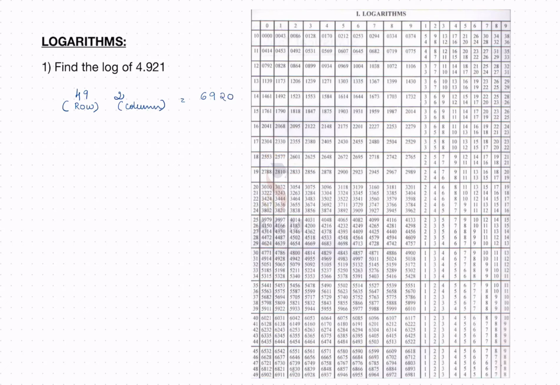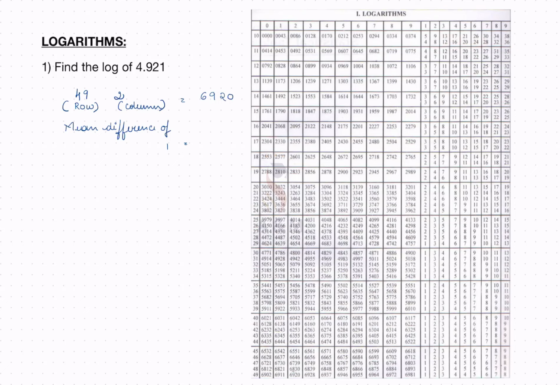Next, here there is one more digit. This is nothing but the mean difference. So, mean difference of 1. Now, where is this mean difference? See here at the right hand corner, you can see the small numbers, which are written in a small size. That is nothing but the mean difference.